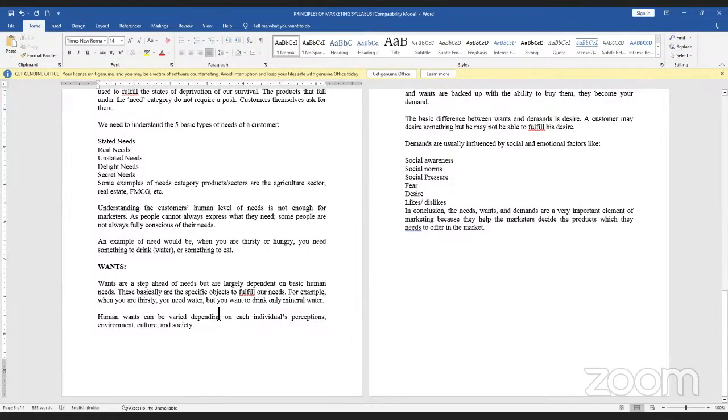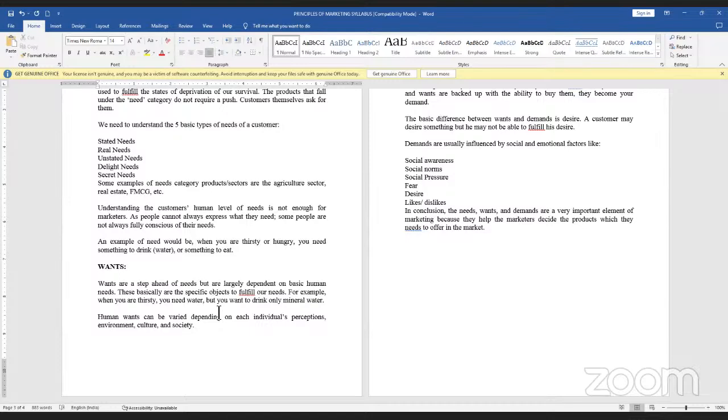See, just to fulfill your thirst, any water you can drink. But if you want only Bisleri, that is your want. Out of the different brands, Bisleri, Kinley, and Ozone, you say, I need only a specific one. You have some specific requirement to fulfill your need. That is want.